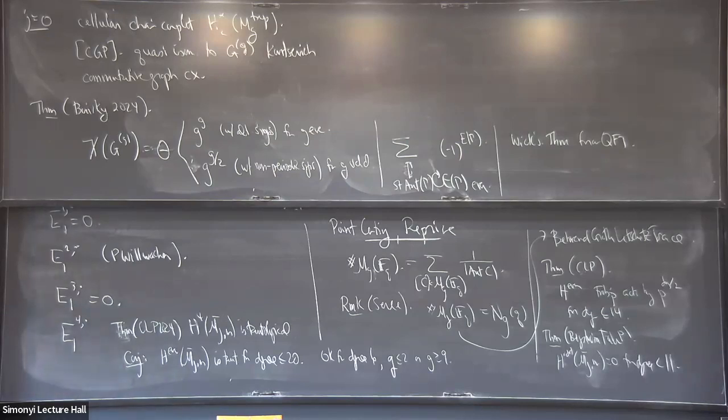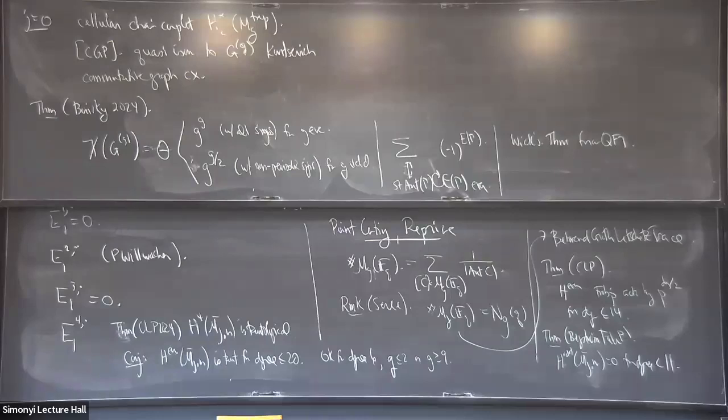Okay. Is it clear what these point count polynomials mean at q equals 1 or maybe even -1? Good question. Not a priori. Yeah, it's a good question. What's the question?